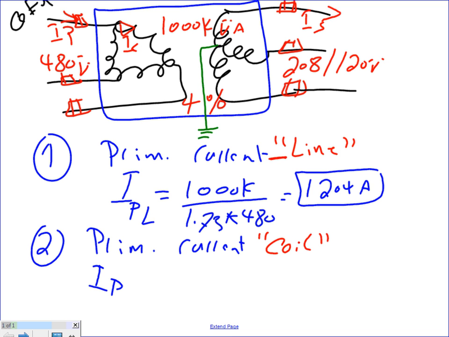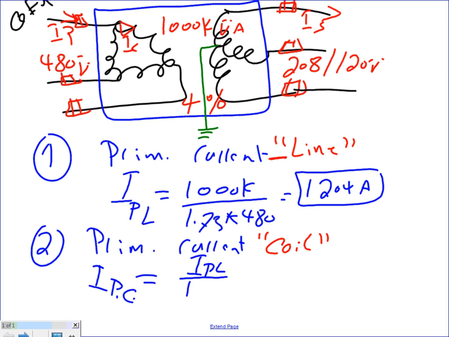The second one was I primary coil. It's a delta, so remember, the line current is always 1.73 times the coil current. The current inside the delta is always less than the current outside that's coming to the delta by 1.73, so you divide by 1.73. So the formula is a piece of cake.